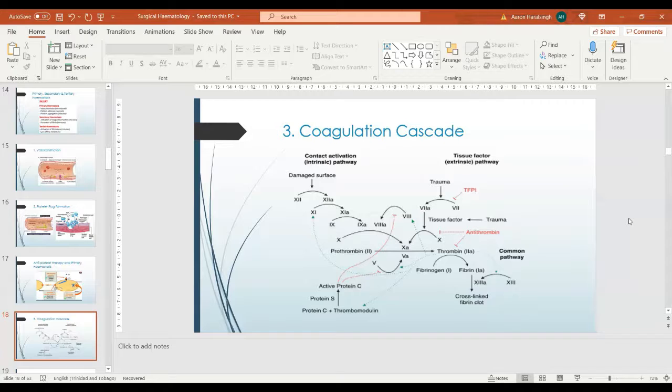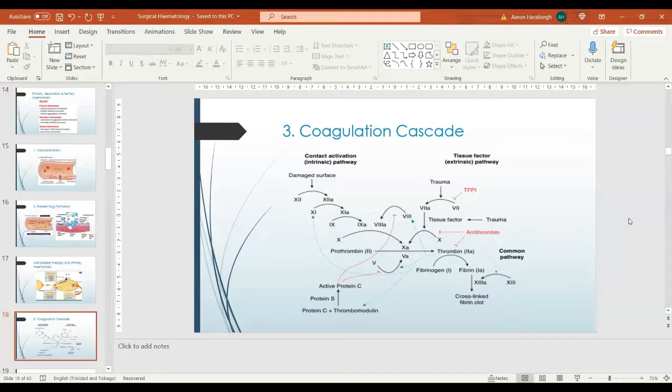Factor 1 is fibrinogen, factor 5 feeds directly into the prothrombin to thrombin conversion. Factor 8 goes into the 10 to 10A conversion, and factor 13 goes into the formation of the cross-linked fibrin clot from fibrin in and of itself.